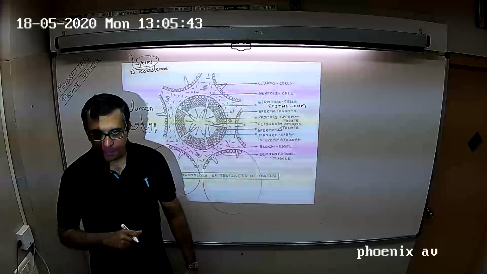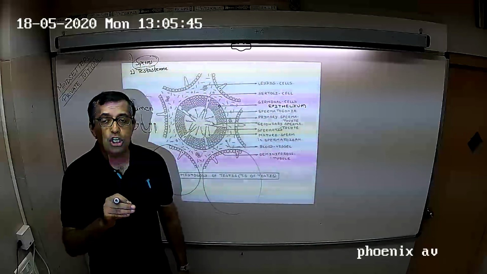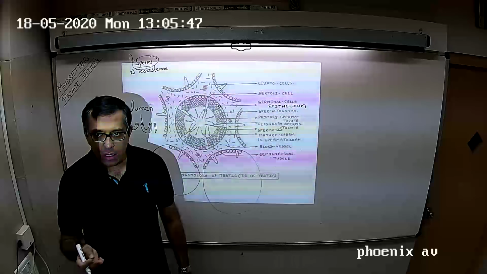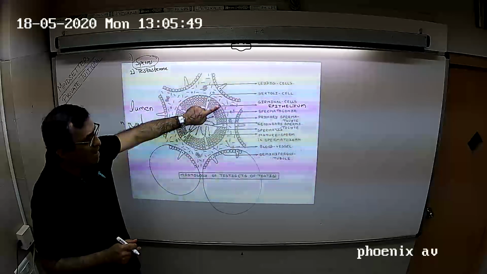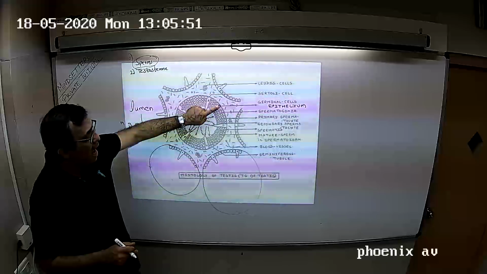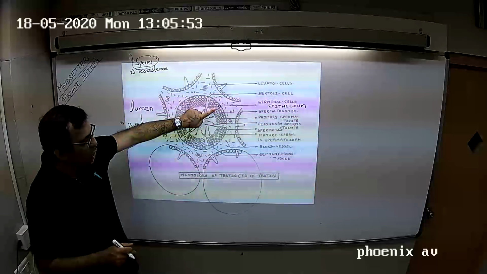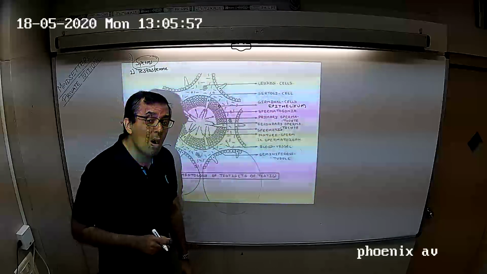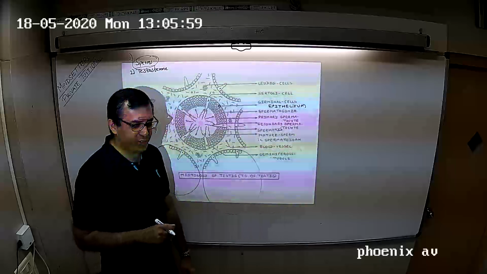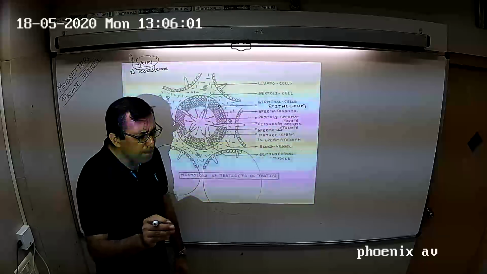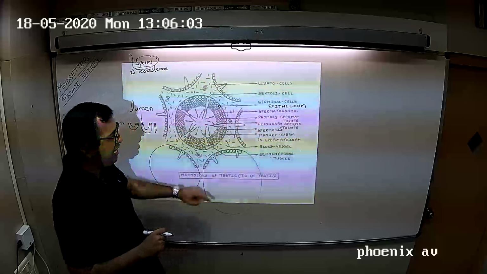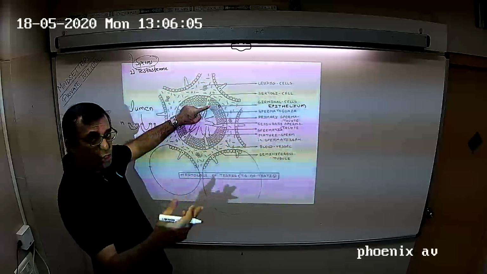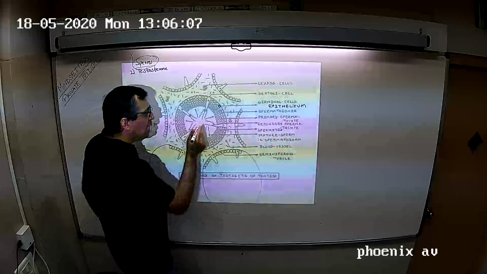At puberty, at the age of around 12 to 14 years, the germinal epithelial cells undergo a process of cell division which is called spermatogenesis. And please memorize this straight away. What will germinal cells divide to form?